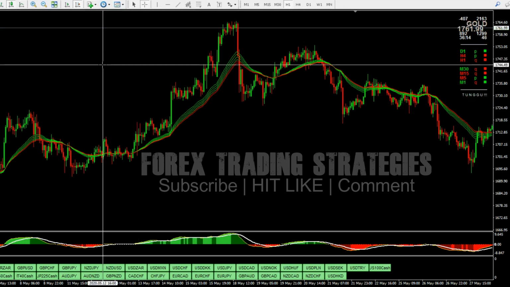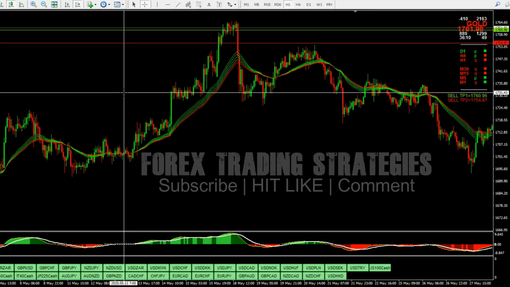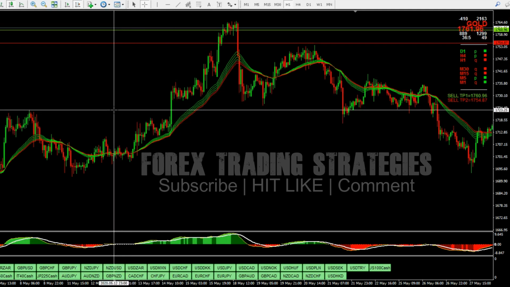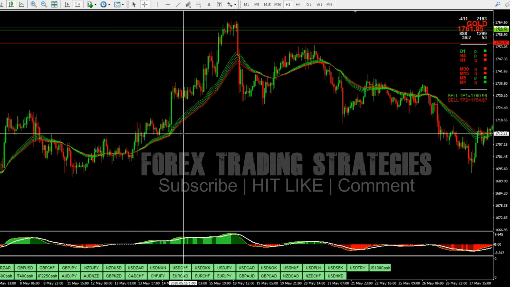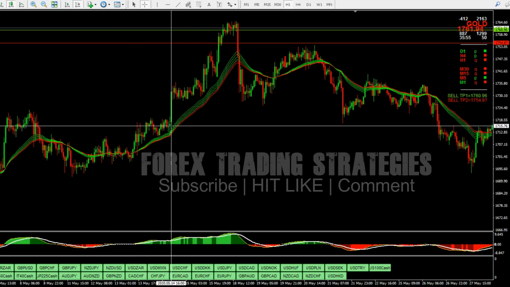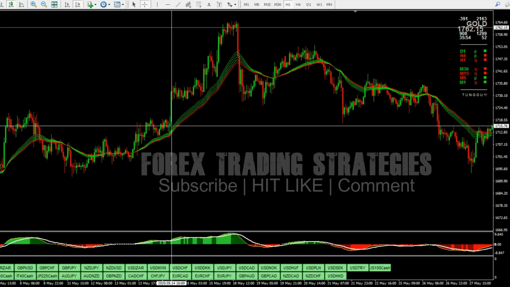The rules: I'm looking for 2 to 3 bearish or bullish candles before I make a trade. So here I have 1, 2, 3, and my MACD is showing bullish momentum.